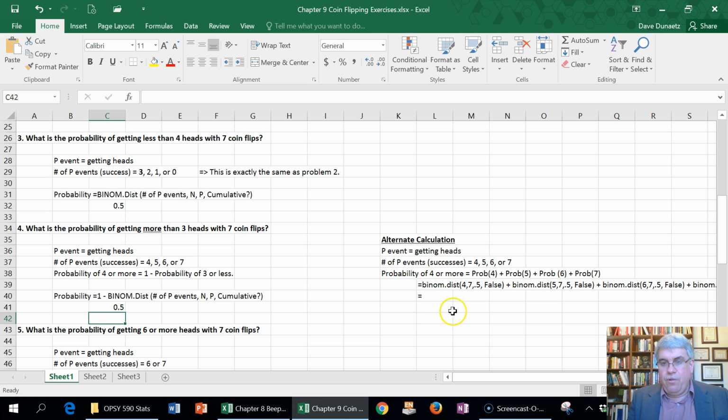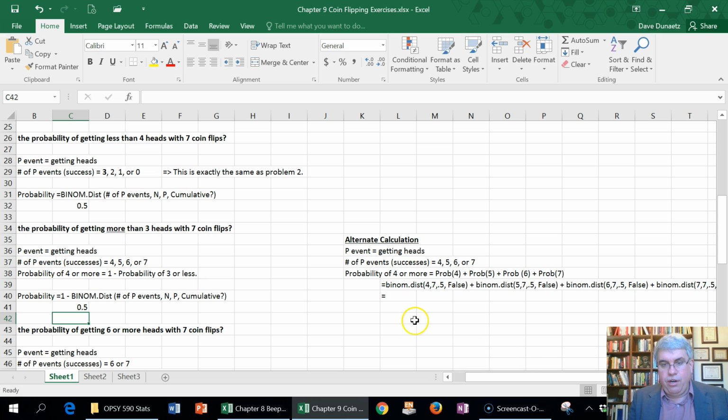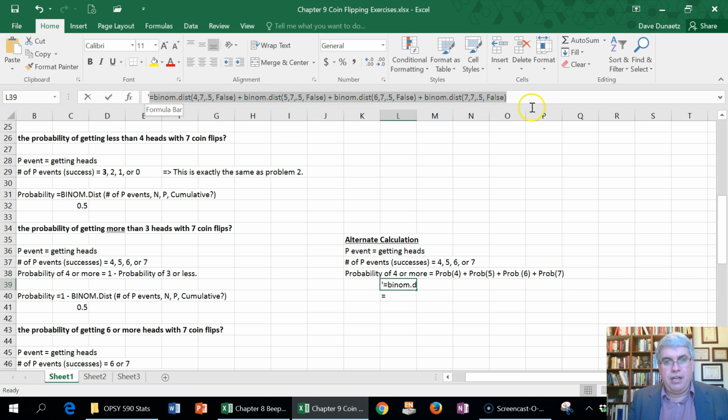And so we could calculate a binomial distribution for 4 out of 7 with probability 0.5, non-cumulative, plus binomial distribution with 5 out of 7 with probability of 0.5, and so on for all 4. And actually, I'm going to copy this equation and enter it in here.